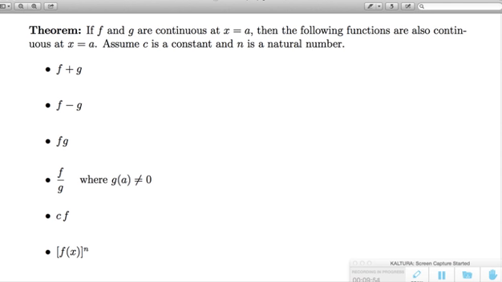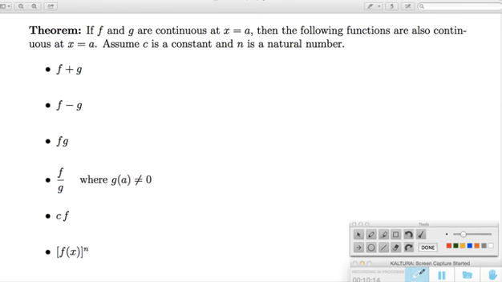The next thing we're going to discuss is a particular theorem that tells you whether or not combinations of functions are also continuous. The idea with this theorem is it's most useful if you already know a particular function is continuous, then you can figure out if combinations of that function with another function preserve continuity.